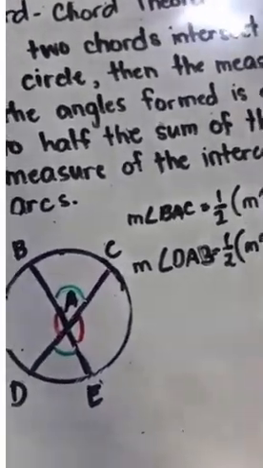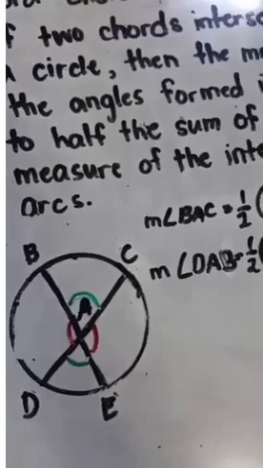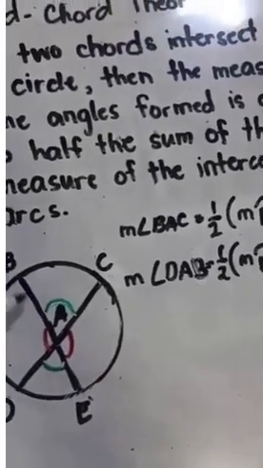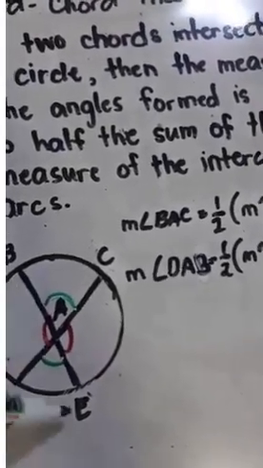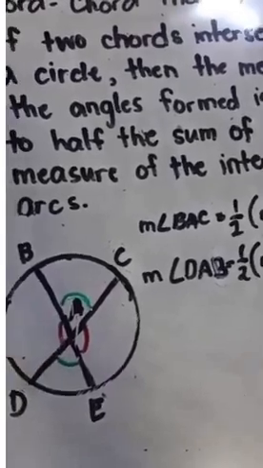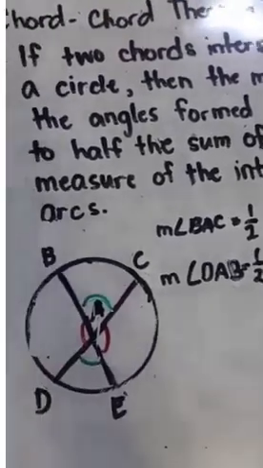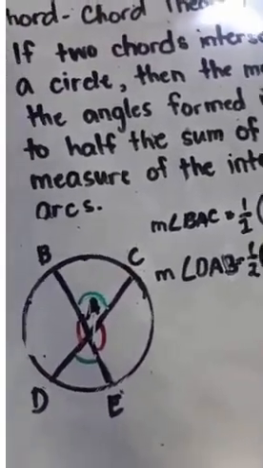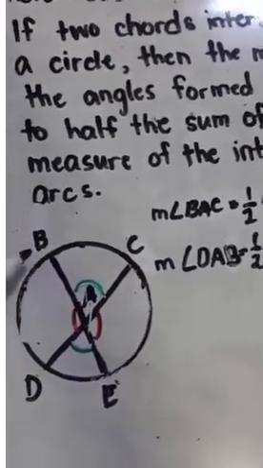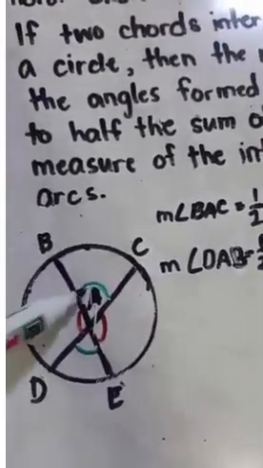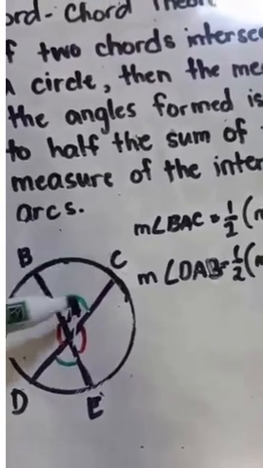Now, from these angles, we have vertical angles. Vertical angles, that's BAC and DAE. When we say vertical angles, the measures of the two are equal, or they are congruent. And we have other vertical angles, BAD and CAE.